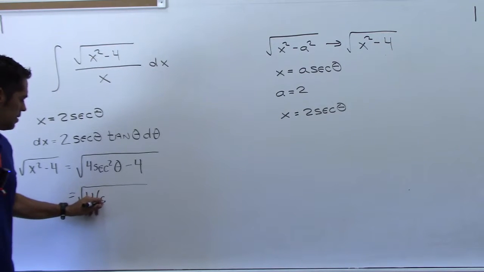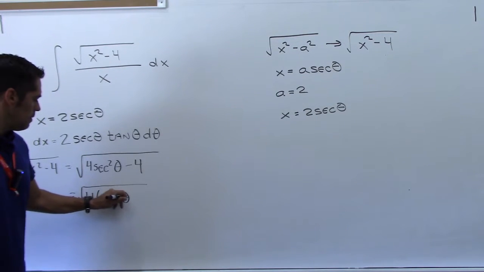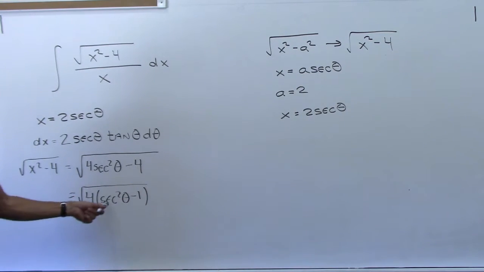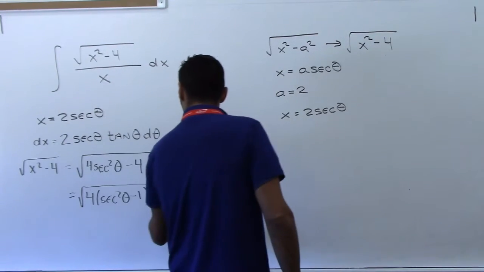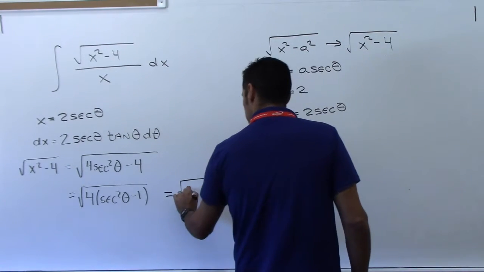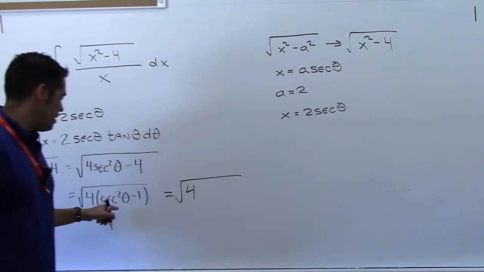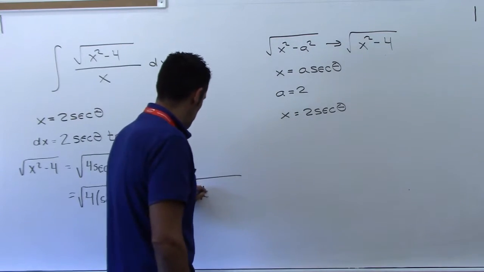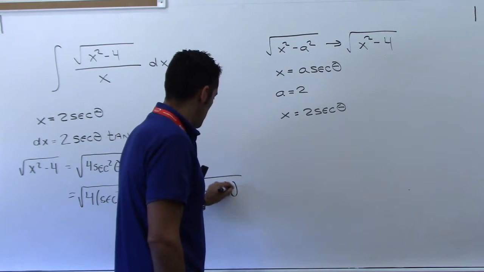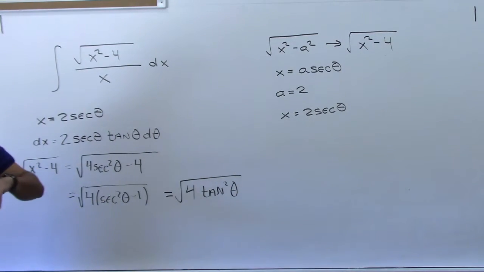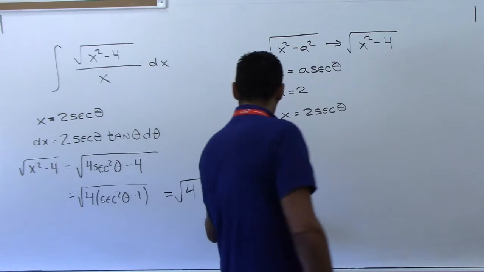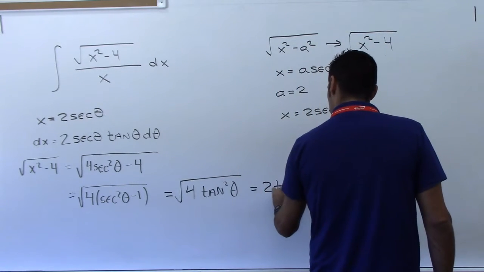Yep, this is 4 tangent squared. Once you take it out of the root, then it's 2 tangent theta. Okay, good. So taking out the 4, you're left with this. That's a Pythagorean identity. That is tangent squared theta. And then square root of each one, you get 2 tan theta.